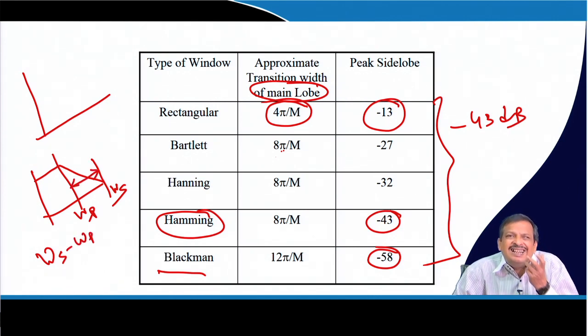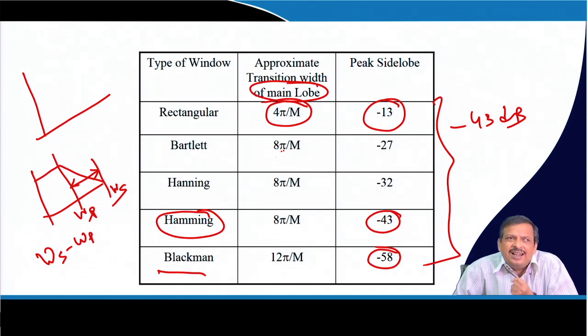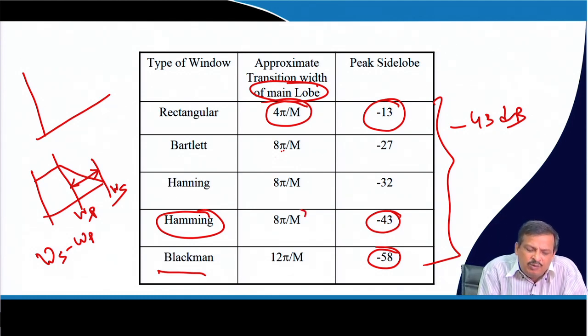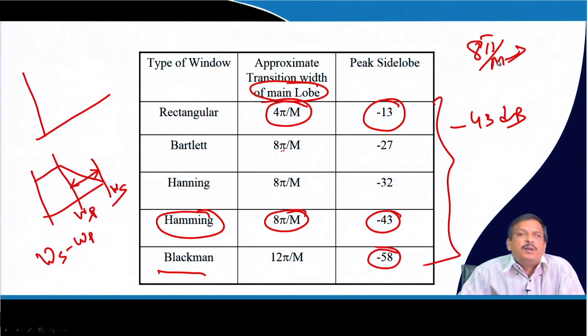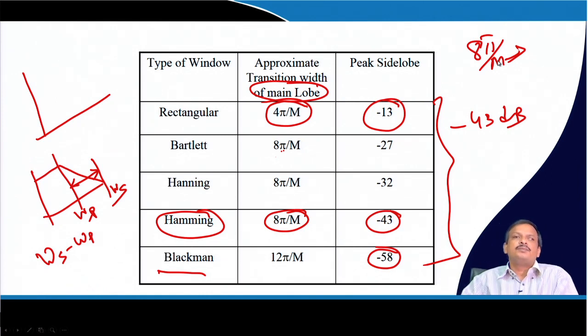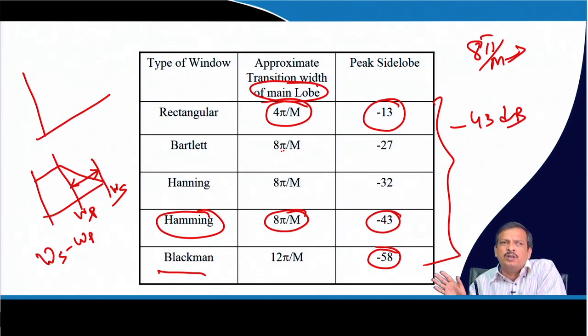When I decrease the peak side lobe level, I can see my transition bandwidth is increasing, because it is nothing but 8 pi by M, where M is the order of the filter. So what is happening? If I choose very good attenuation in the side lobe, then my transition bandwidth increases.